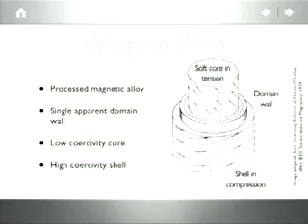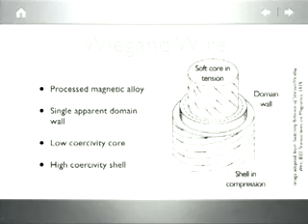In a ferromagnetic material, when you change the polarization of one of the magnetic domains, the domain wall moves, and you get a pulse in a coil that you can read. Wiegand wire is made out of a processed magnetic alloy that's structured so that it has two almost ideal magnetic domains.